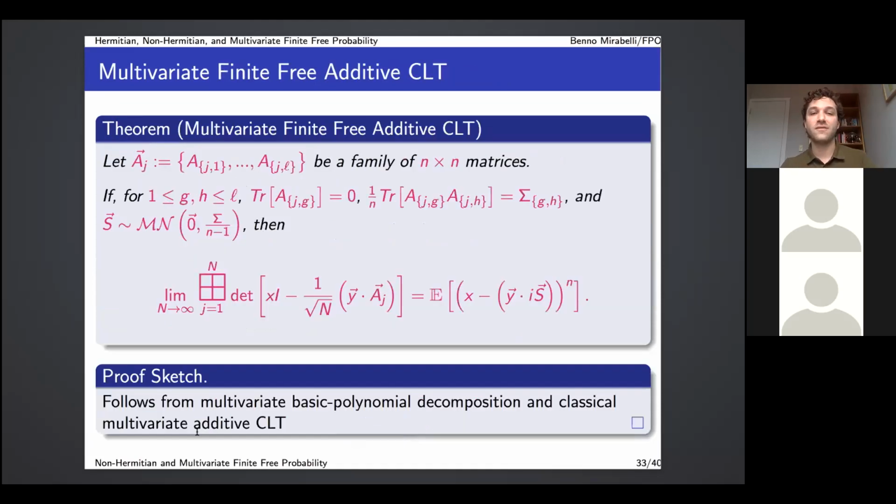So now we're going to derive the finite free multivariate additive central limit theorem, where I again have capital N families of matrices now.